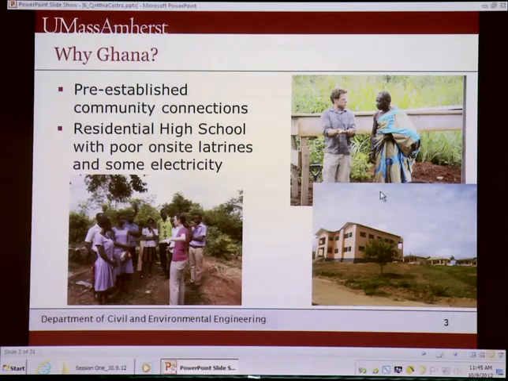So we were grateful that we had a good community that was really invested in this system. And we decided to put the actual MFC and latrine in a residential high school that had poor on-site latrines, but had latrines nonetheless, and had some electricity in the school, so that if the system didn't work, because it's still very experimental, they weren't going to be solely dependent on this system.